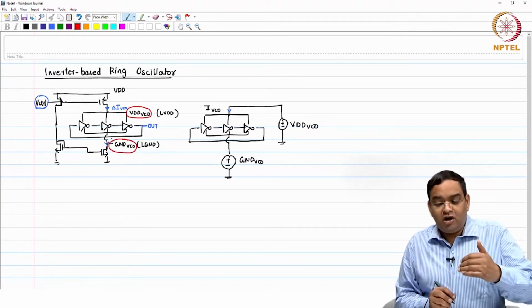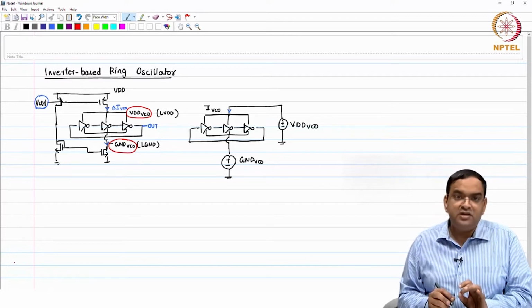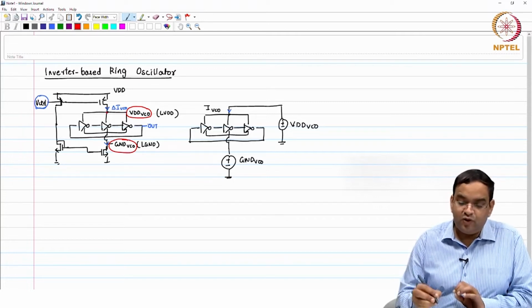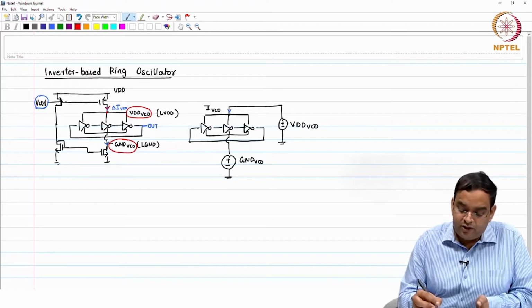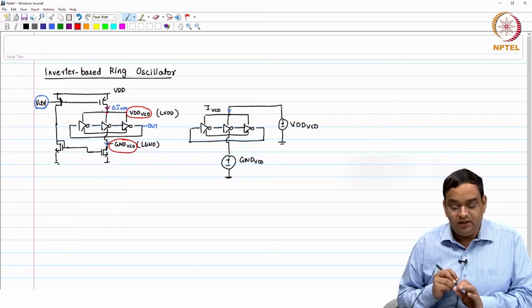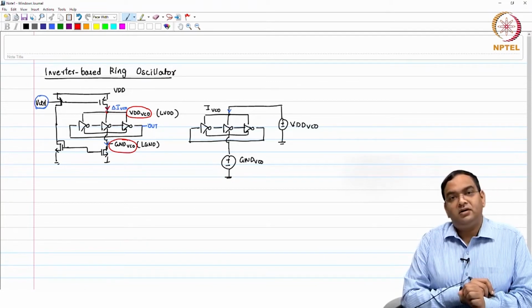You are not directly fixing these two voltages, you are fixing them indirectly. You control the current through the oscillator, and because you control the current you get the voltage automatically.